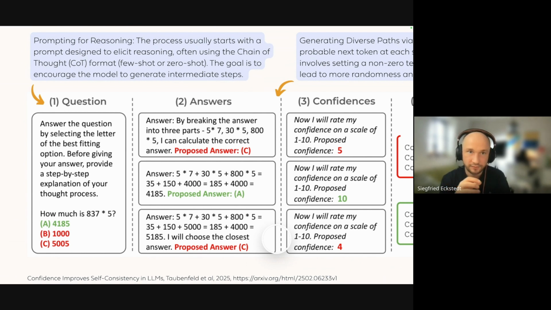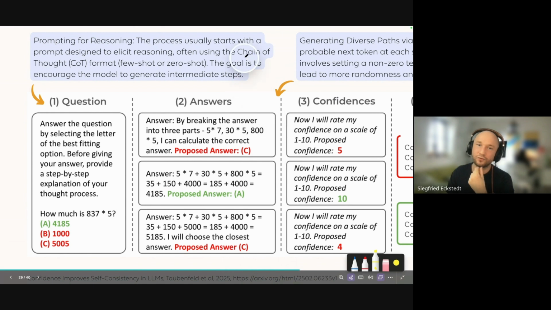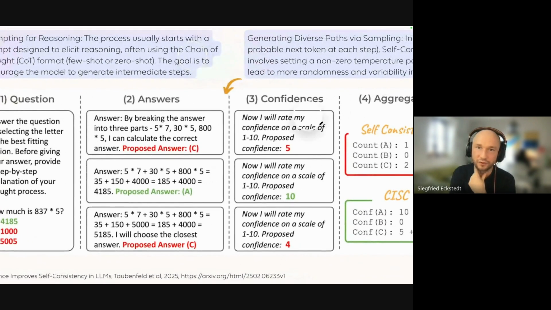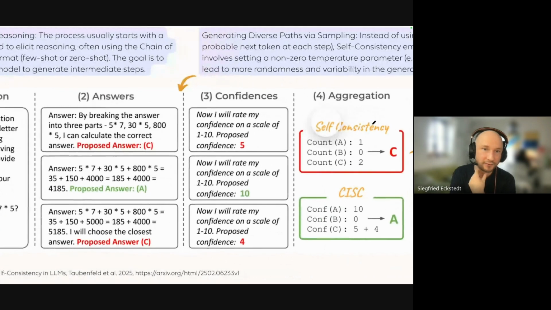This just induces randomness. And as you have these different answers or paths of reasoning or thinking, what you could do next is to just count what is the answer that was suggested the most. So you can just go by the count.